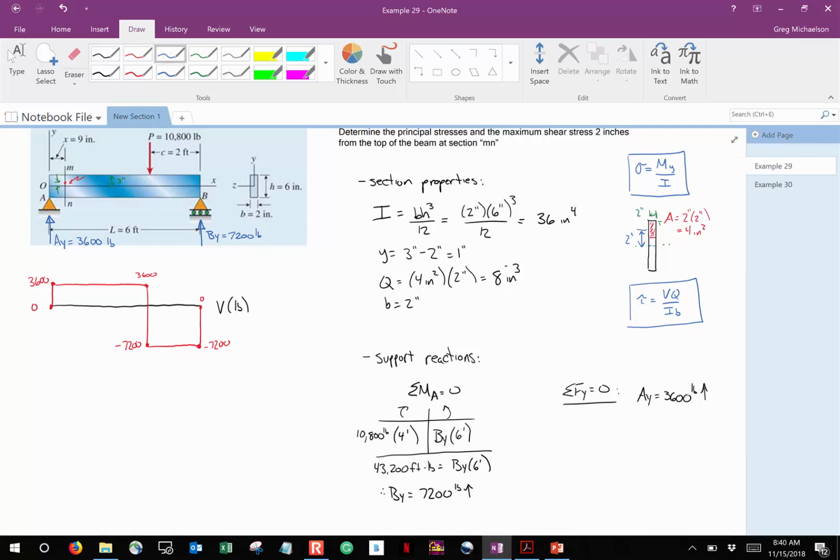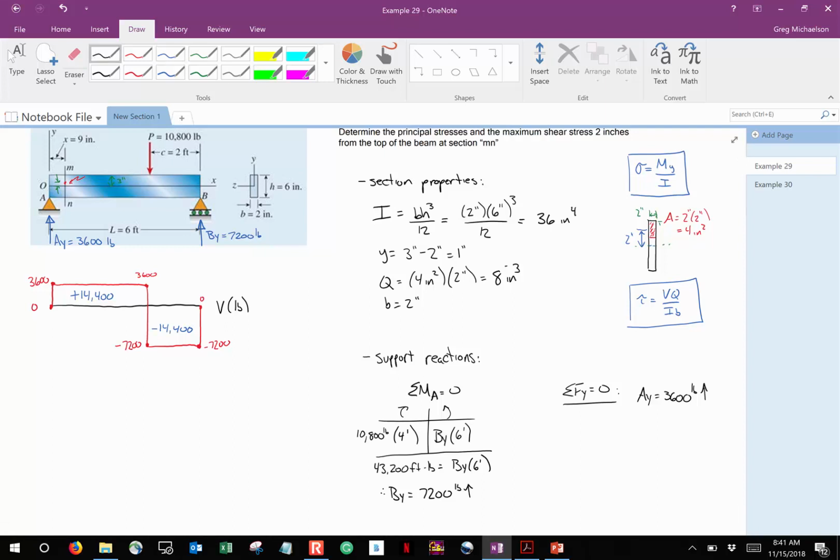We need the area under the shear diagram to get the moment diagram. So this first rectangle on the left, 3,600 times 4 is 14,400, and then 7,200 times 2 is minus 14,400. I think that's pretty easy to assess.